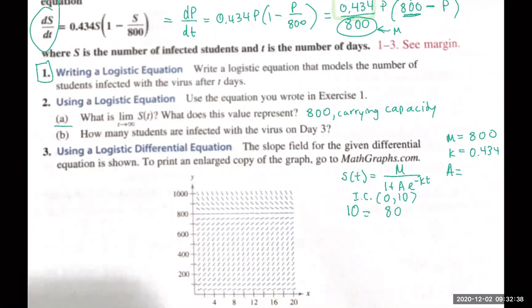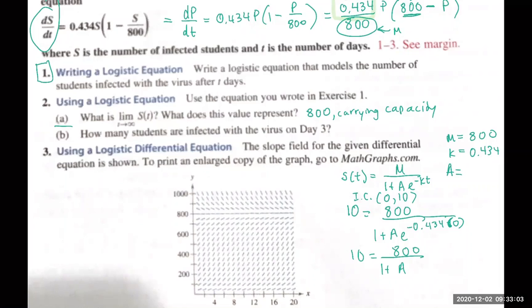And then we fill out what we know: 800 over 1 plus A, which we are trying to solve for, times e to the negative 0.434t. And time we said was equal to 0. So all that works out nicely, where you have the e to the 0 part equal to 1.